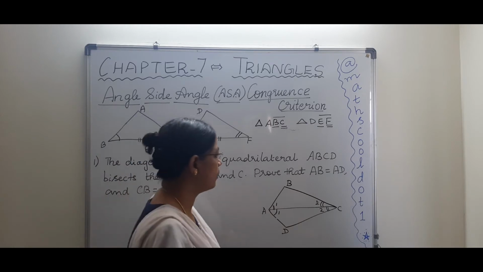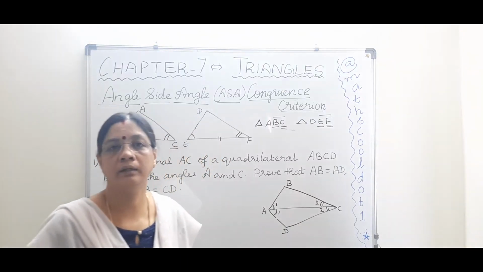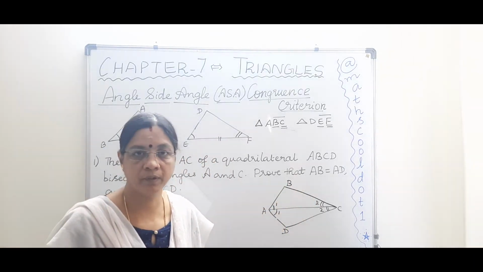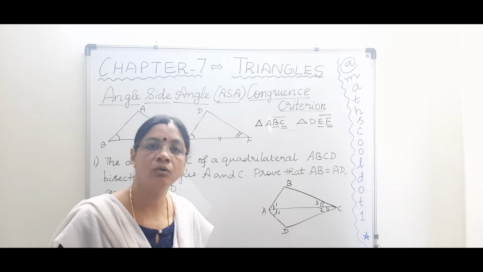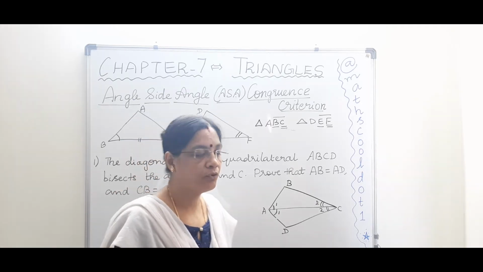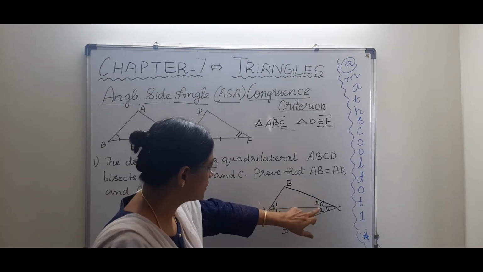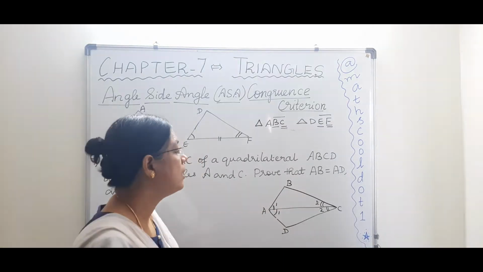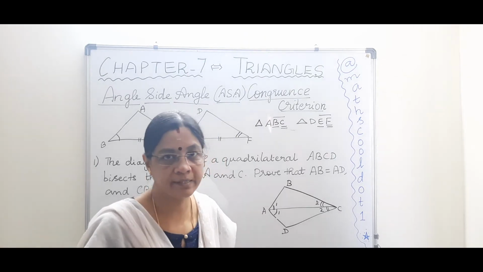So how can we prove that the sides are equal in a quadrilateral? Because we don't know any other dimension of this quadrilateral. So how do we proceed? First we know that this angle is equal to this angle and this angle is equal to this angle. This is what is given here, right? Now our first aim is to spot two triangles, I said.